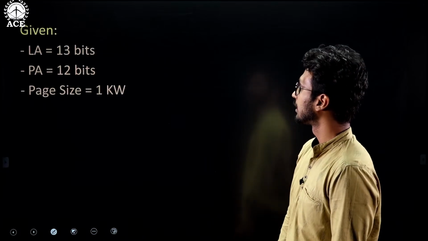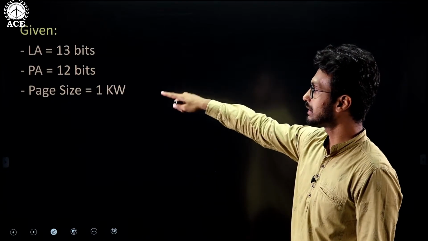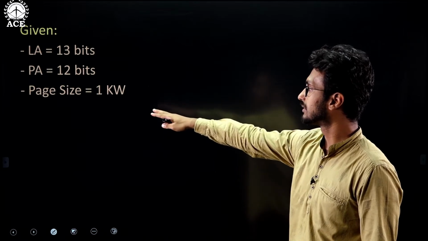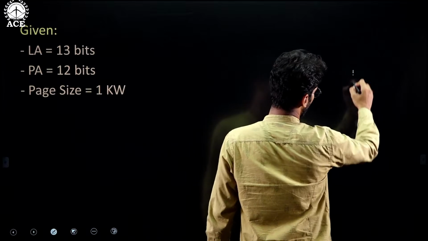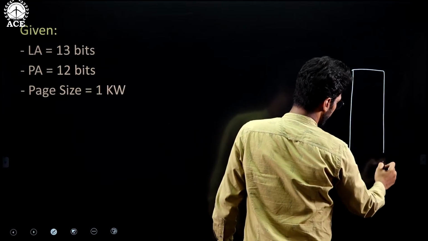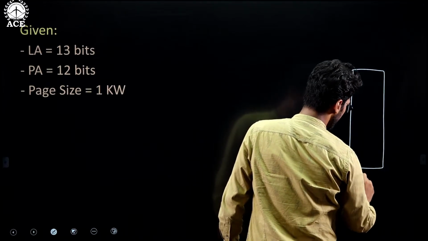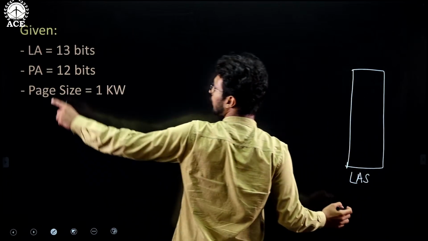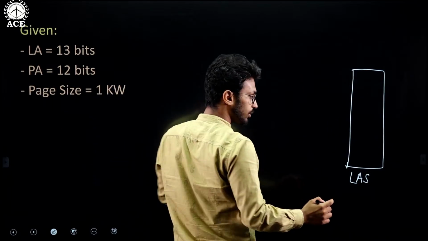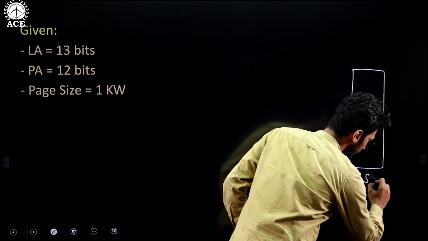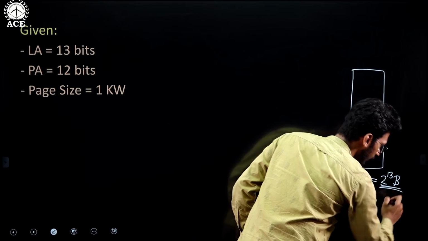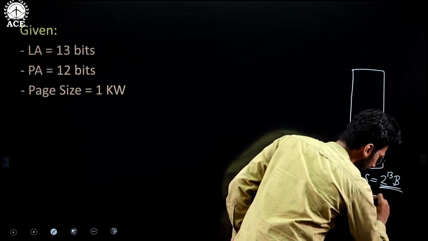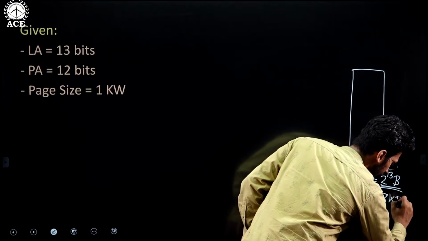Logical address equals 13 bits, physical address equals 12 bits, page size equals 1 kiloword. If the logical address is of 13 bits, what will be the logical address space? It will be 2 raised to 13, that is 2 raised to 3 times 2 raised to 10, which is 8 KB.